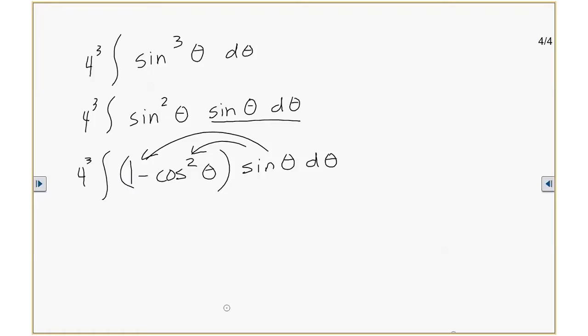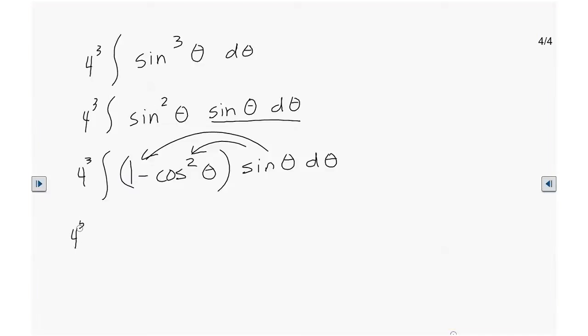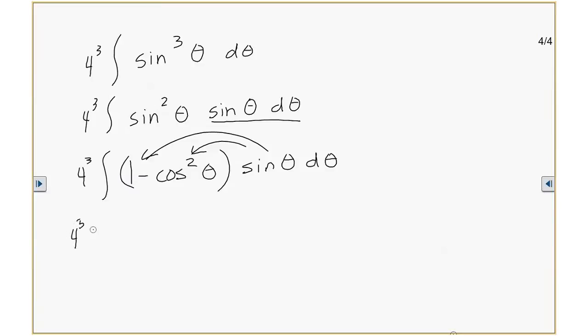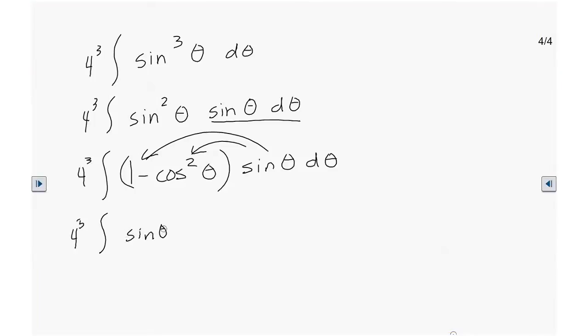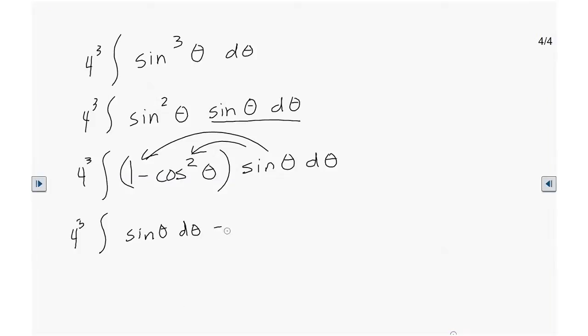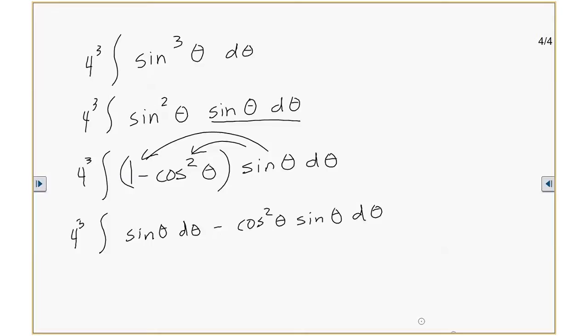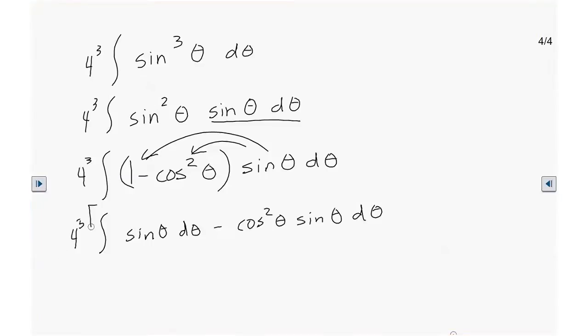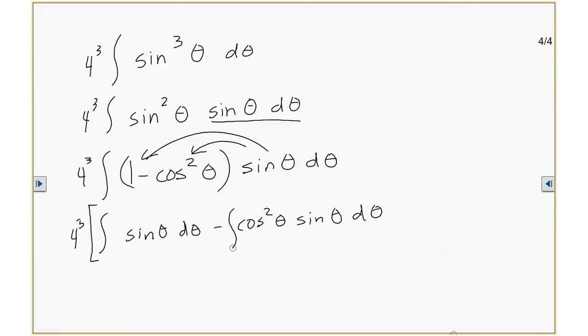And after you do that, you should start to see something. And you can put a bracket here and put another integral here.